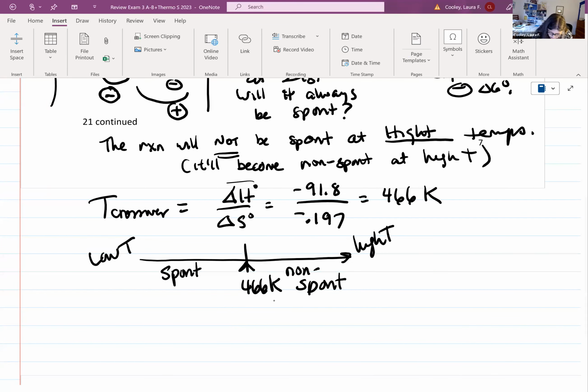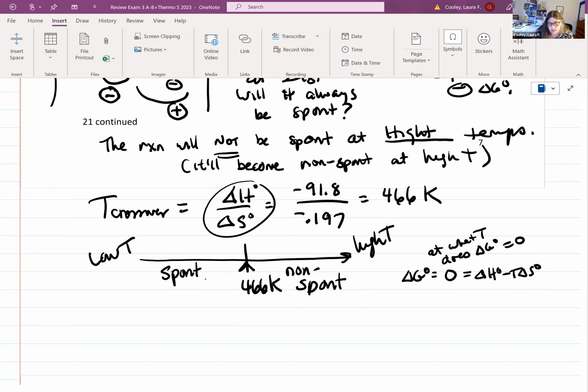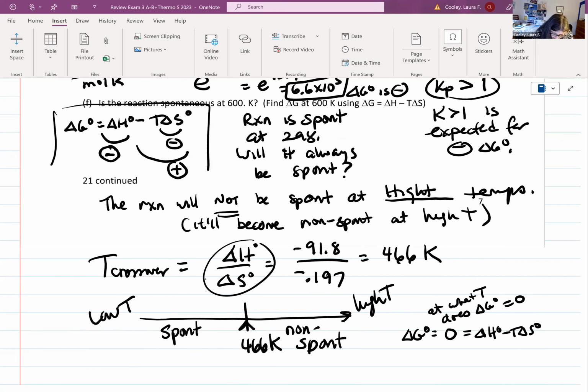If you remember where this comes from, it comes from setting the delta G equal to 0, figuring out at what temperature delta G equals 0. Because at some point the reaction goes from having a negative delta G at low temperatures to having a positive delta G at higher temperatures. And if delta G goes from negative to positive, it's got to go through 0. That's the point that we use to calculate the crossover temperature.